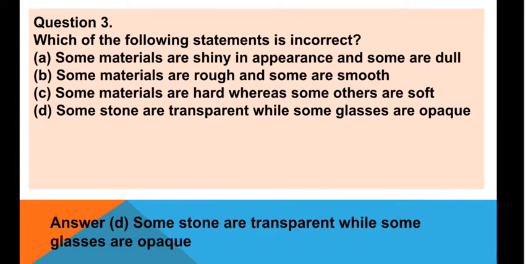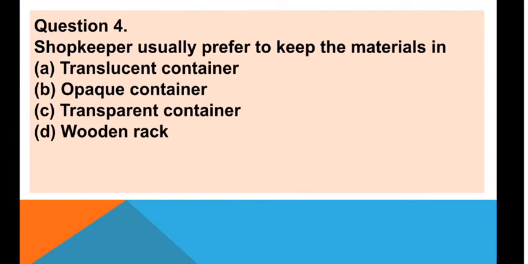Now we have question number 4. Shopkeepers usually prefer to keep the material in option A, translucent container. Option B, opaque container. Option C, transparent container. Option D, wooden rack.